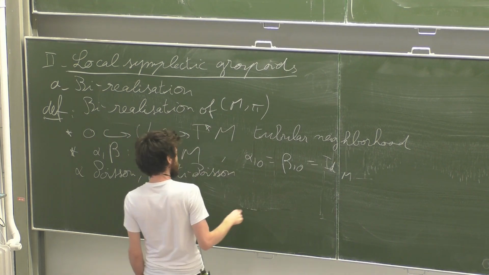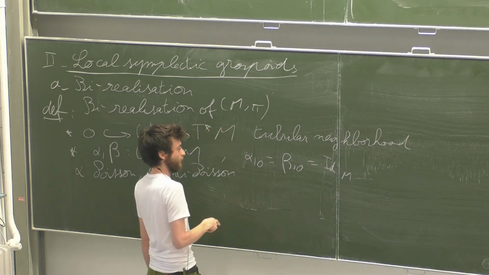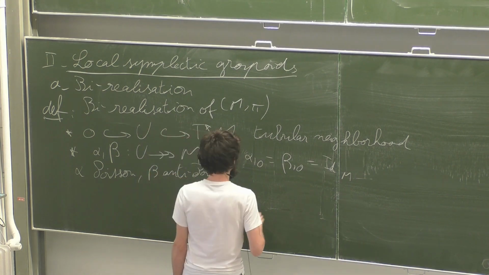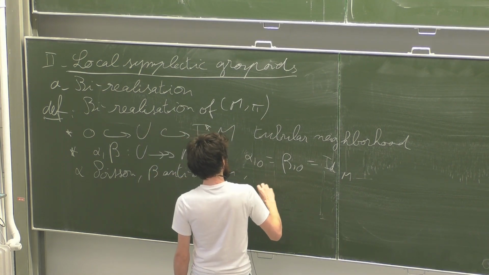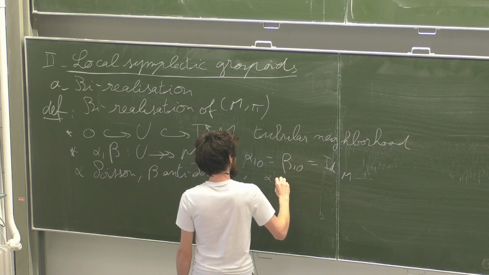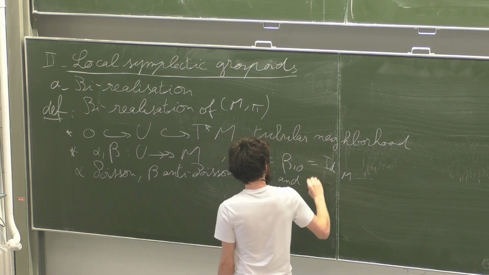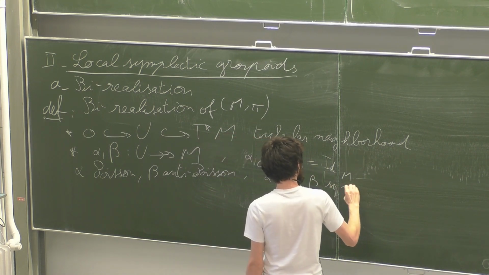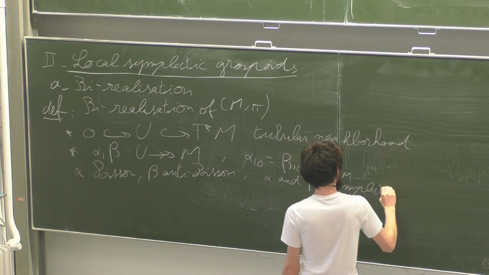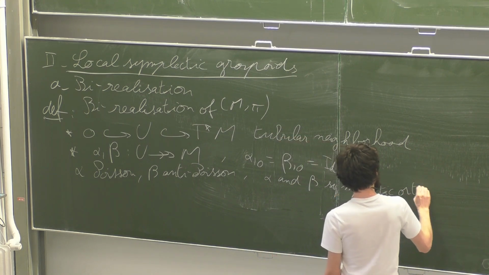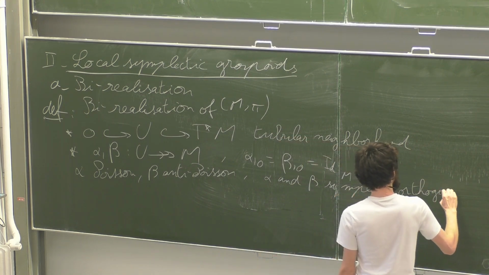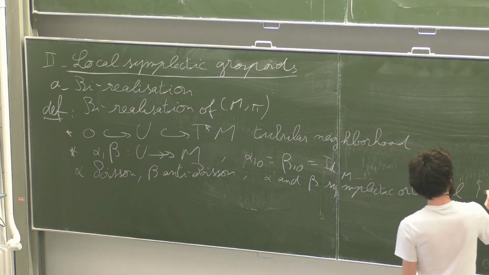You ask alpha and beta to have symplectic orthogonal fibers. It's just a geometrical assumption.